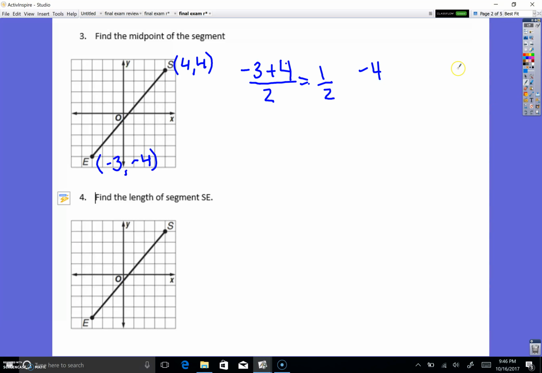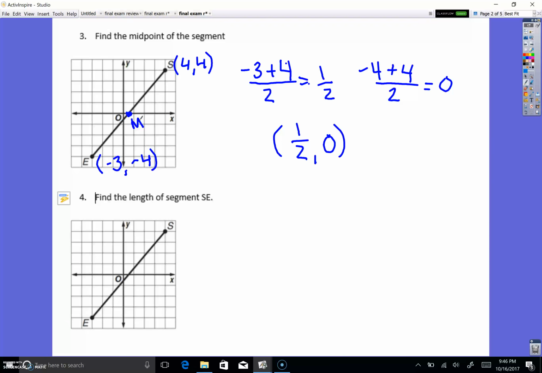He just has bad handwriting. -4 plus 4 divided by 2 is equal to 0. Okay, so 1/2 and 0. That's my midpoint. Okay, look. That looks like it's in the middle of E and S. That's my midpoint.